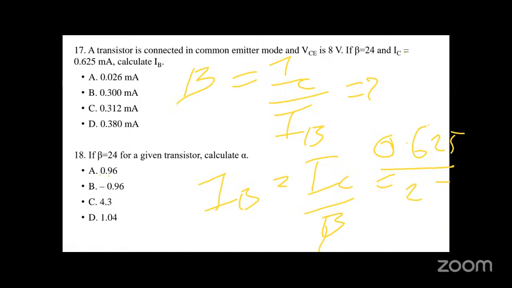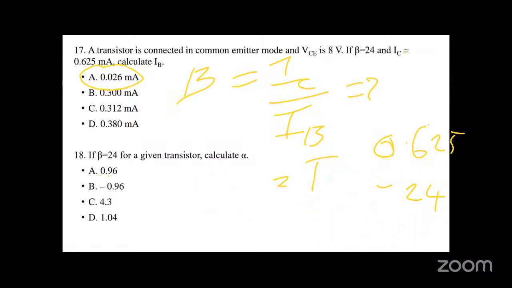Sorry, beta is 24, not 25. So 0.625 divided by 24 will give us 0.026 milliamp. So the correct answer for 17 is A.